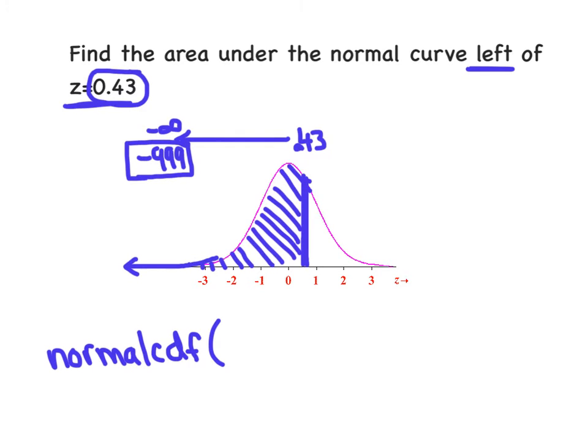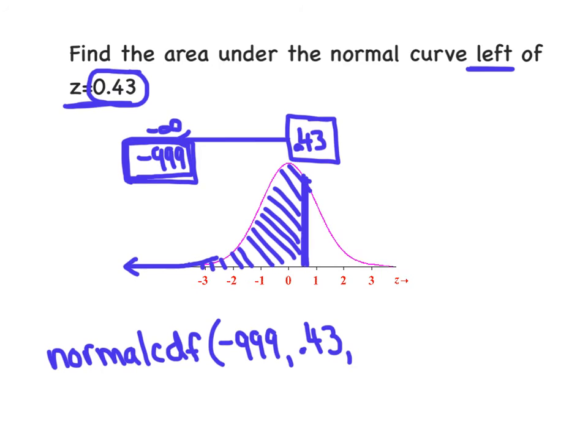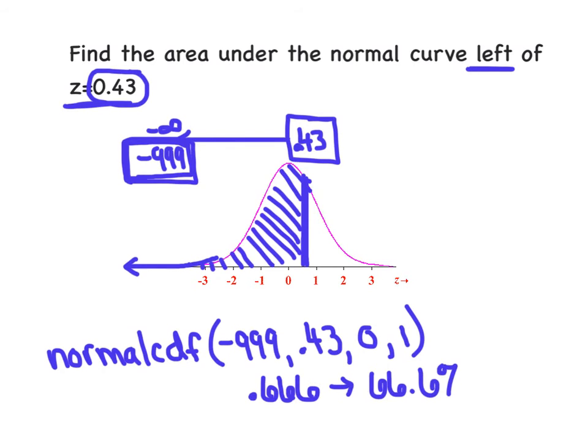The smaller of the two z-scores has got to go first, and this negative 999 is the smaller of the two scores, comma, and then 0.43 is the bigger of the two scores, then our mean and our standard deviation, and we'll hit enter. And I got, to 3 decimals, the area is 0.666, or 66.6% probability.